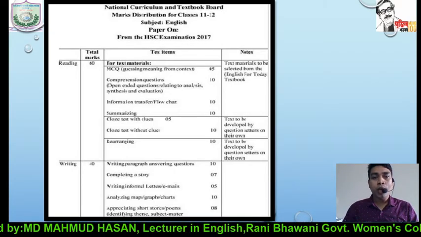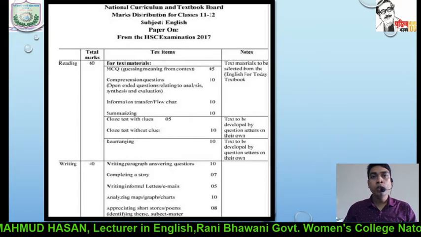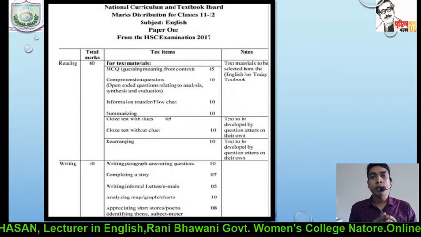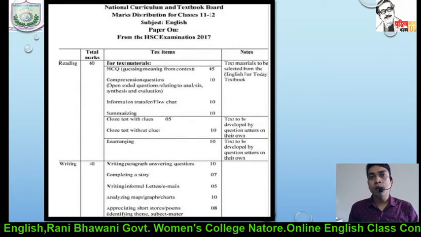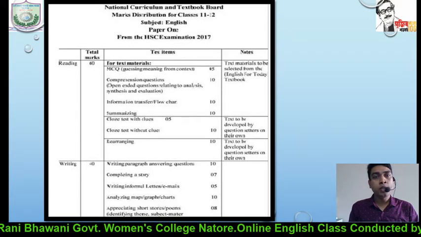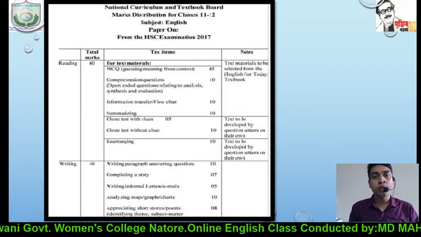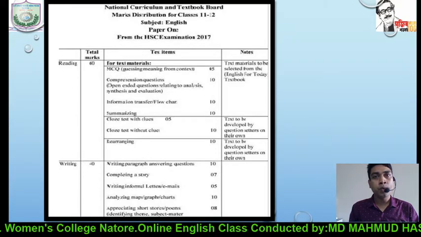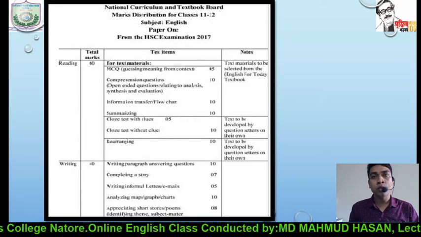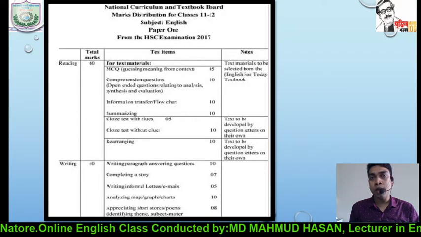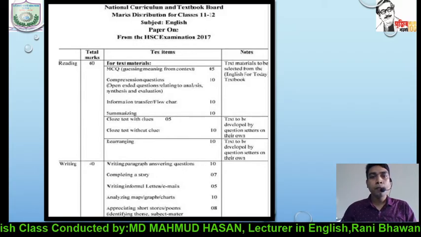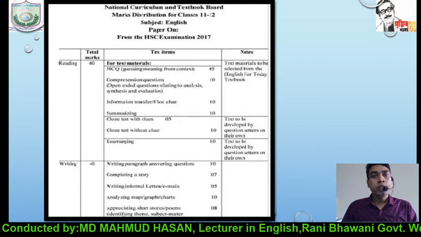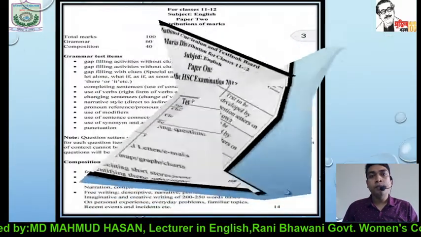So in this writing part, basically you need to write in your own words. You can't write from your memorization. It is better to understand and write in your own words. This is all about paper 1.